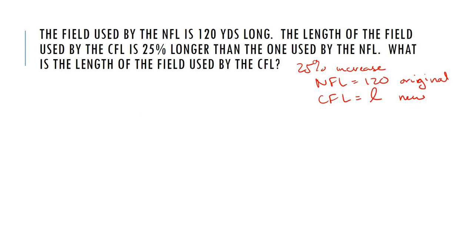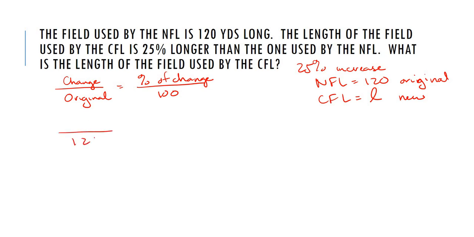So let's take our plug-in pieces from the last one, where we had the amount of change divided by the original equals the percent of change divided by 100. So I know the original, 120. I know the percent of change.